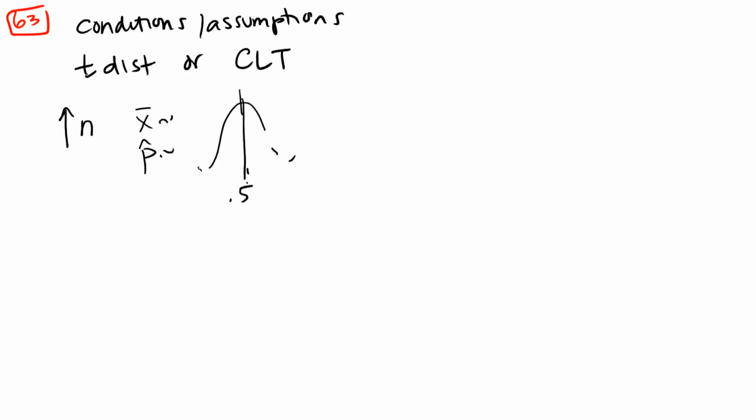We still expect to be centered at 50%, but the more coins we flip, the narrower this is going to become, right? Our standard deviation will decrease, and if we didn't have normality, we'll start to move towards normality with that particular thing. So those are all fair game as well.